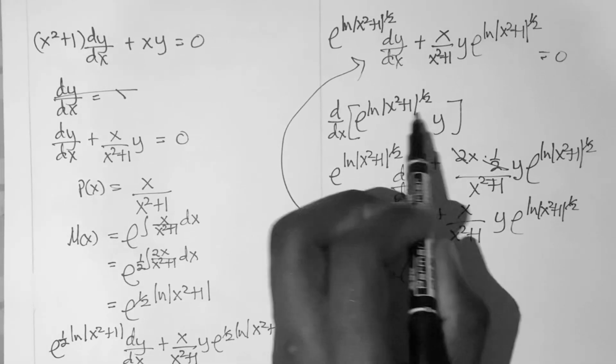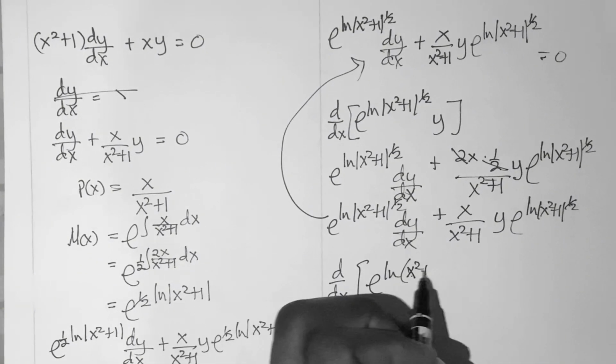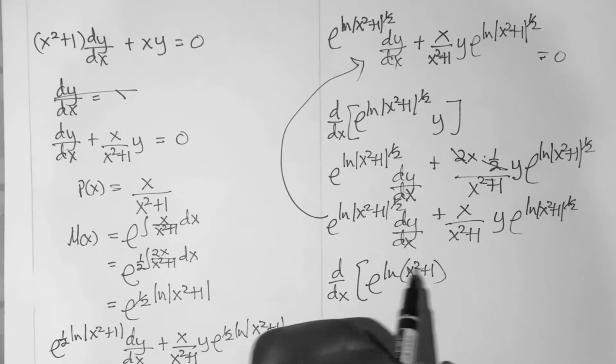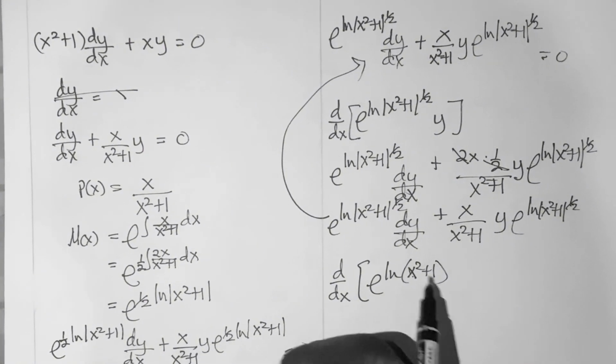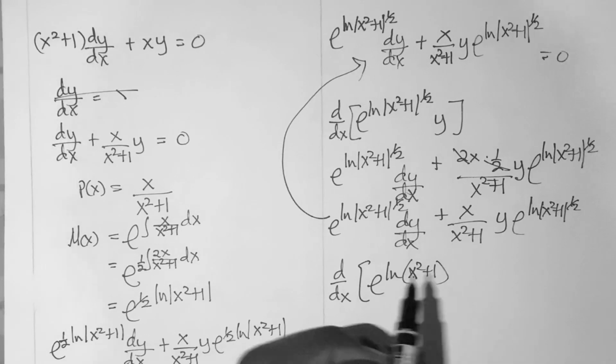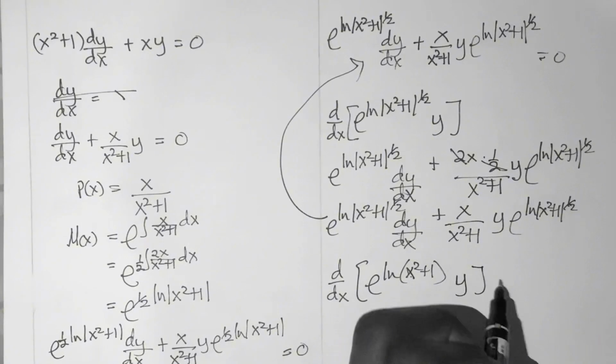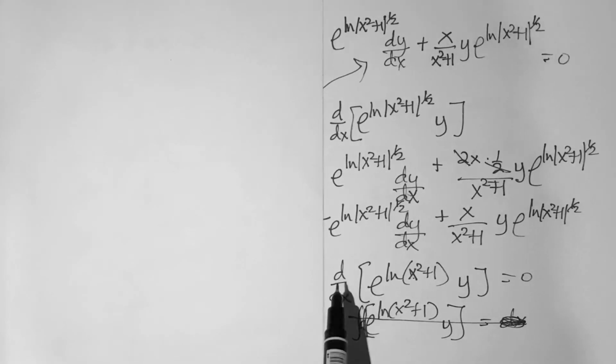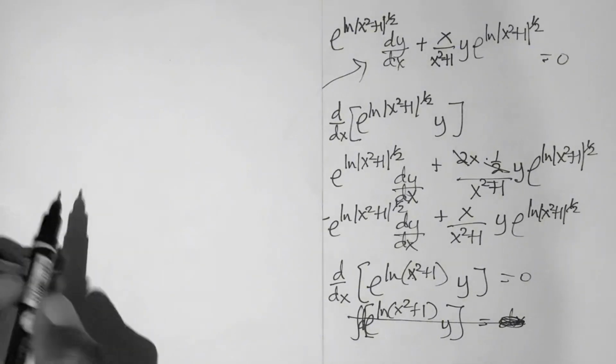Now we can remove the absolute value and just write x squared plus 1, because for all values of x, this will never produce a negative number or a 0. It will always be greater than 0. y equals 0.